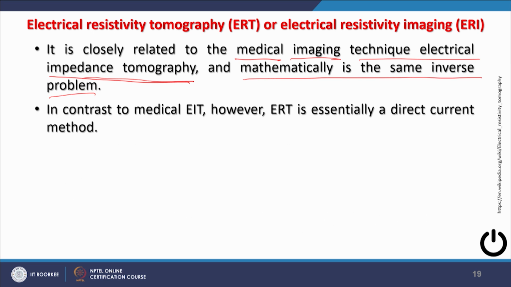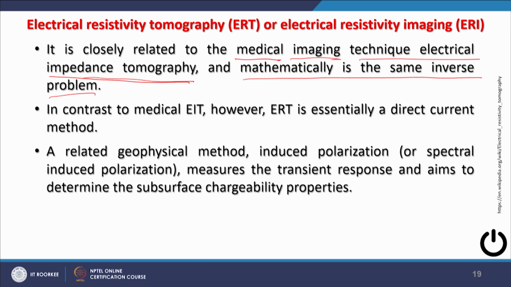This is the advantage in engineering or science, that any technique developed in one domain, after a few years you would see the same technique in a slightly modified manner being used in another domain. It might have been developed in the oil industry, and now it is also being used in medical sciences. In contrast to medical EIT and others, ERT is essentially a direct current method.